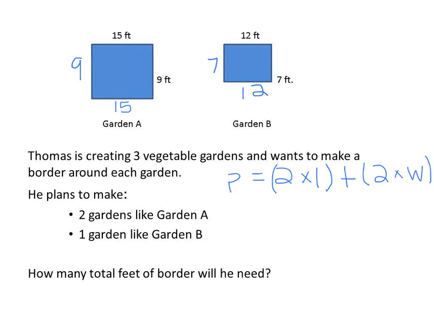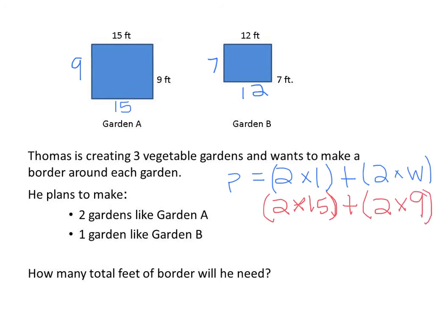And since this is in parentheses as well, we need to do this before we can add them together. So looking at garden A, I would have 2 times the length, 15, plus 2 times the width, which is 9.